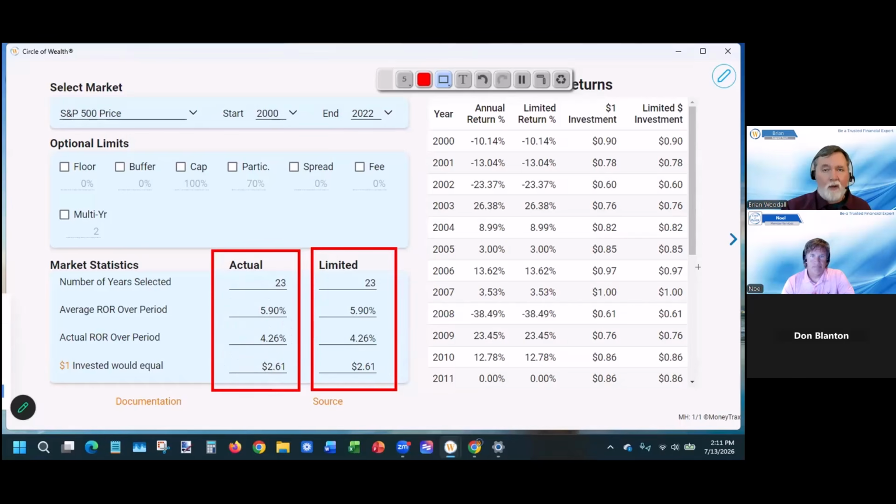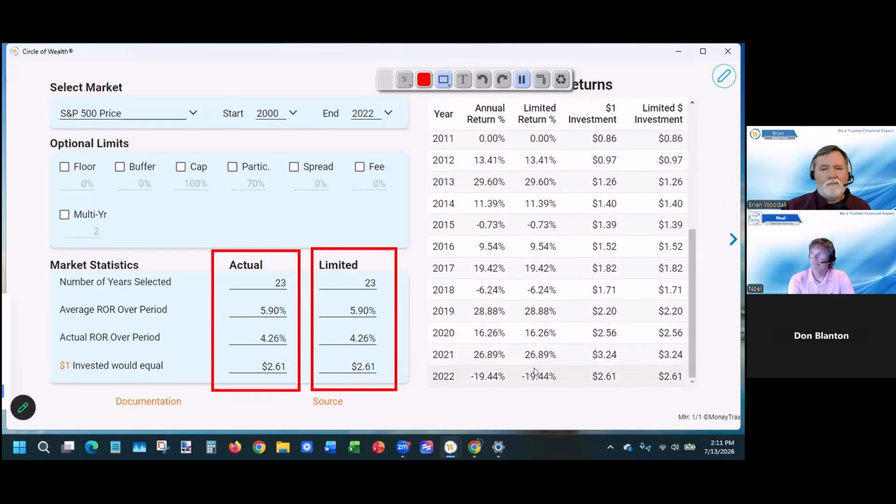So if I invested $1 at the beginning of 2000 and rode it all the way out to 2022, with a 4.26 return, I'd have $2.61. Now you see, I have a loss right there at 2022 as well. Thank you, COVID.